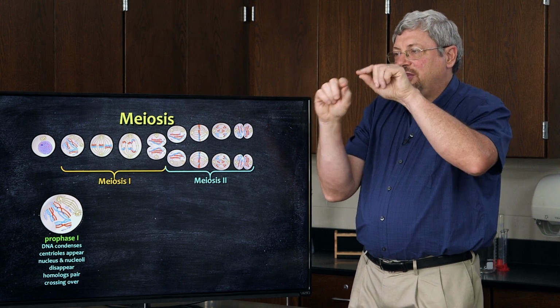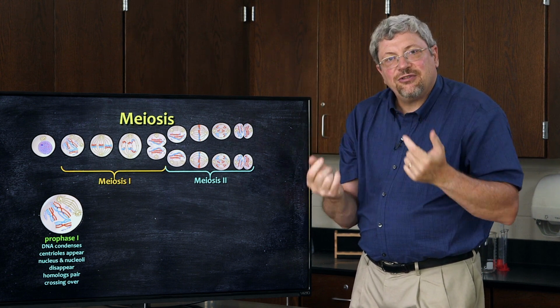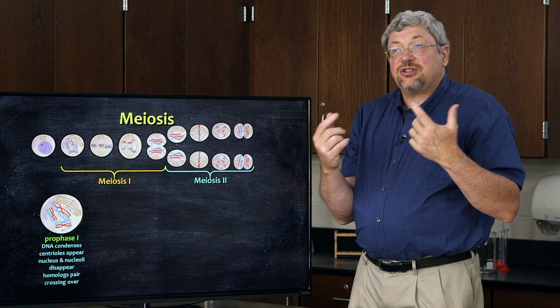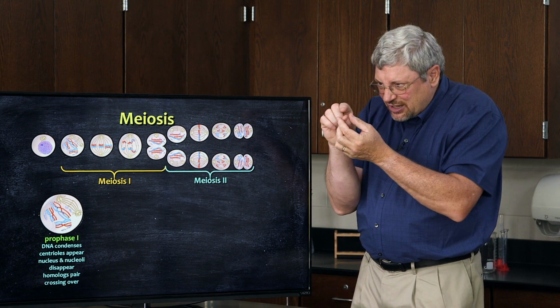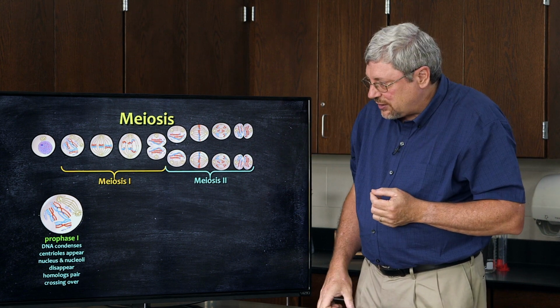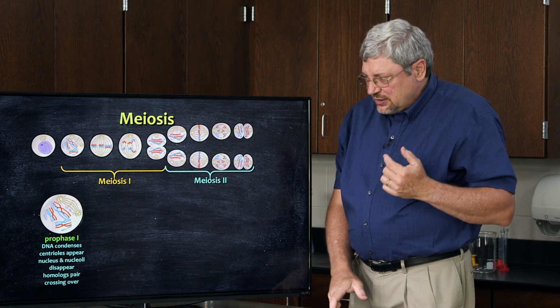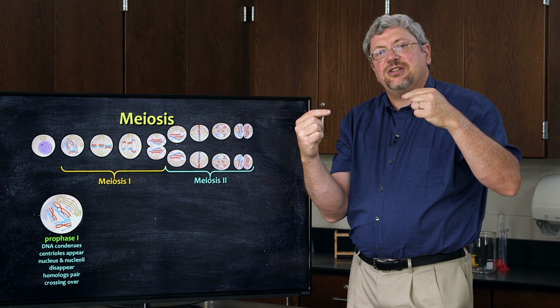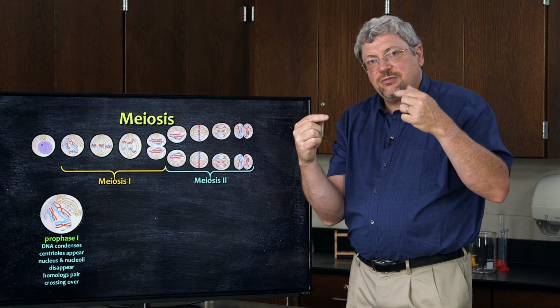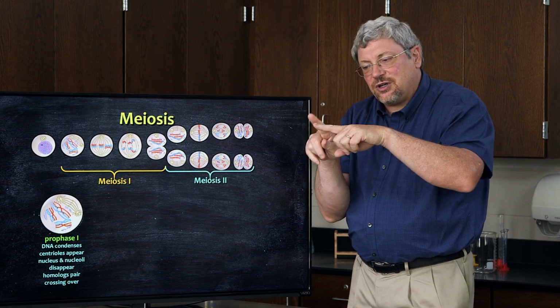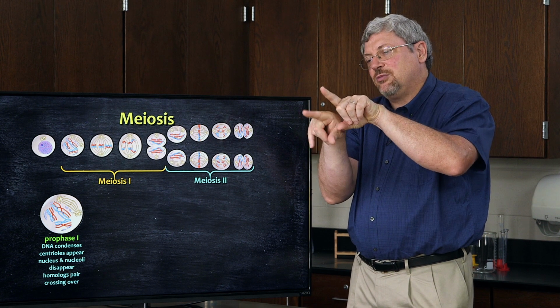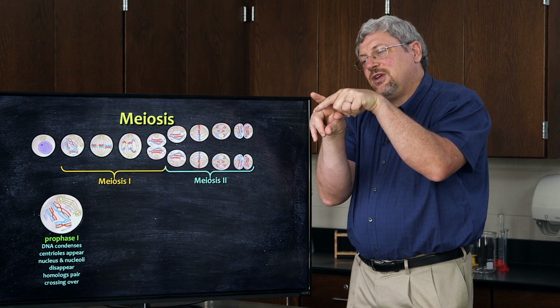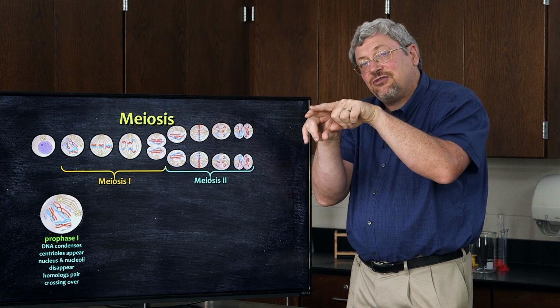So it'll kind of look like there's a total of 4 arms, actually 8 arms, that come out from that central point, that centromere. And at this point, the arms of adjacent chromosomes can actually cross over each other. So an arm from one chromosome can cross over the other and trade genetic information.